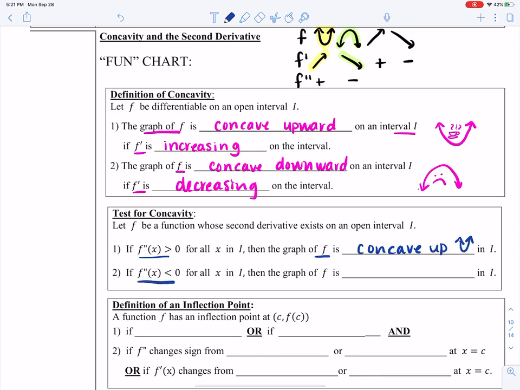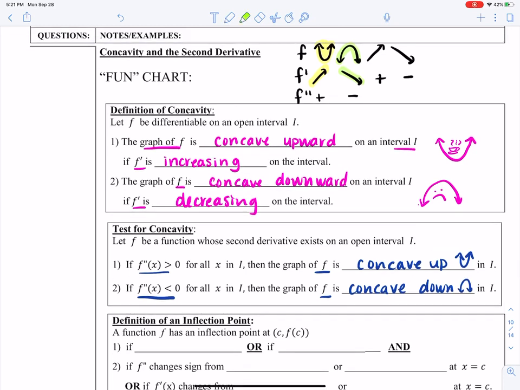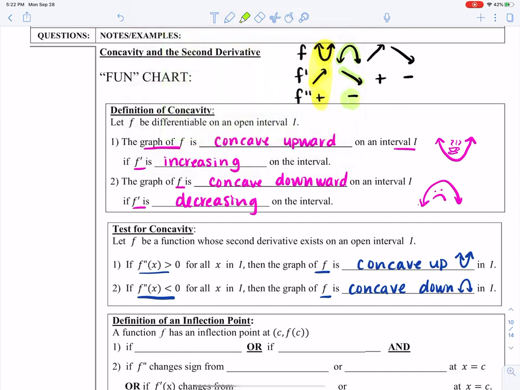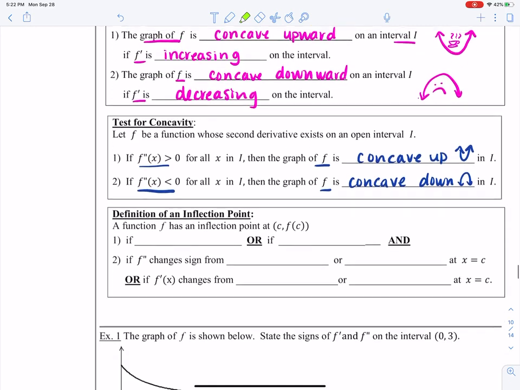If the second derivative is negative, then the graph of f is concave down. And so I can see that also in my chart and now read this vertically. A positive second derivative means an increasing first derivative means a concave up original graph. And on the other side, a negative second derivative means that f prime is decreasing, means that f is concave down. And so I can see all of that stacked in my fun chart.